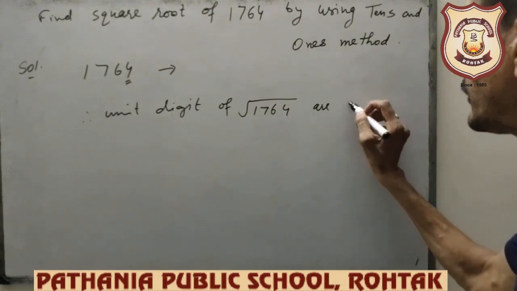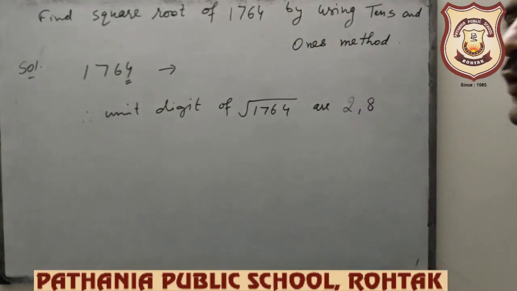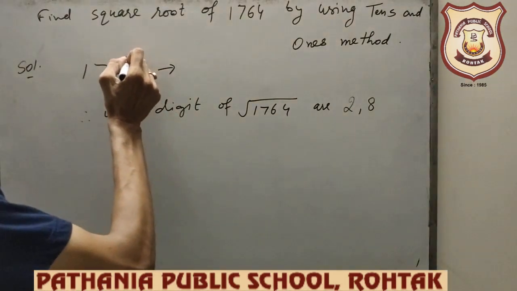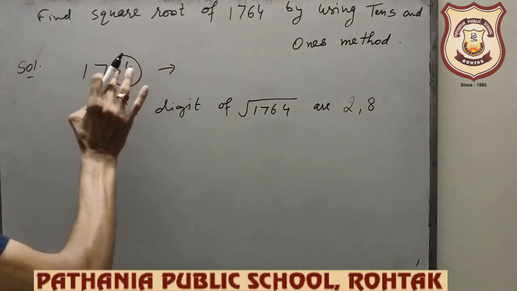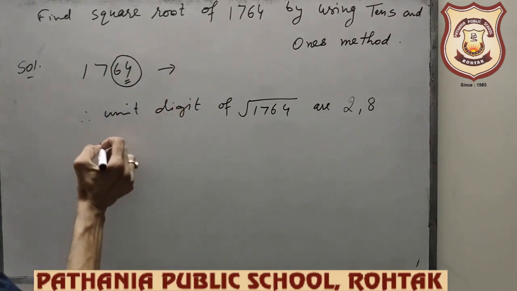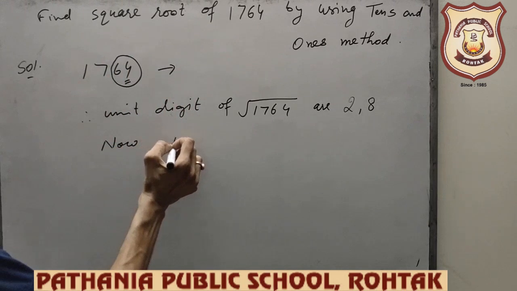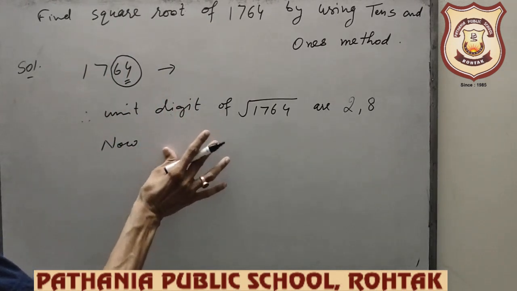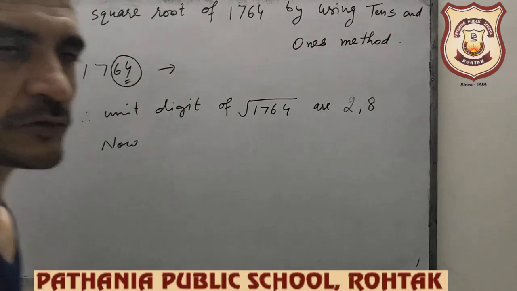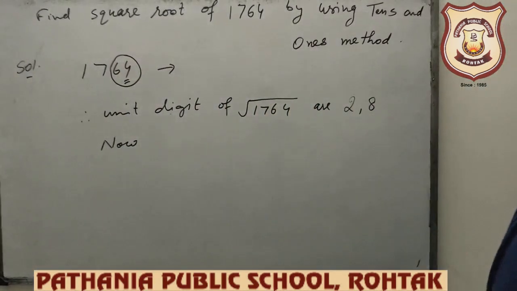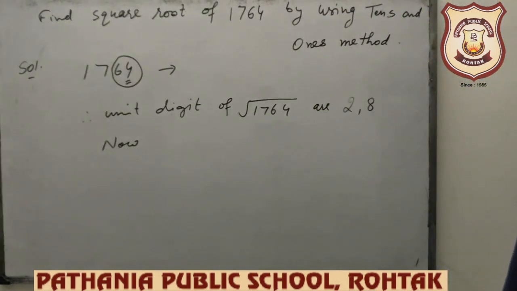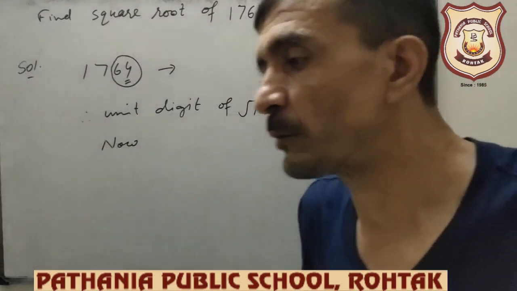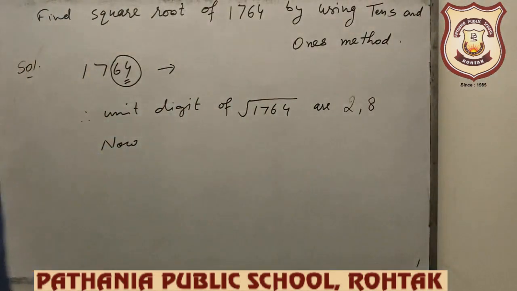2 square is 4 and 8 square is 64, so it is 2 or 8. Now from the right, remove the extreme right 2 digits. Only 17 is left. Now you have to think: in one digit numbers, whose square is just less than 17 or equal to 17. 17 is not a square of any number. So 3 square is 9, 4 square is 16 and 5 square is 25.